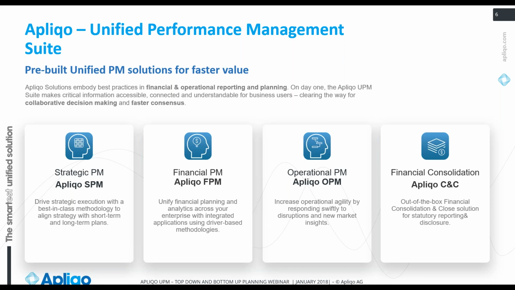From a reporting and planning point of view, there is an operational performance management application which covers the whole operational layer, like revenue planning, marketing, workforce planning, CapEx planning, and so on and so forth. And then last but not least, there is also a full consolidation and close application, which supports companies in the audit process during the year.